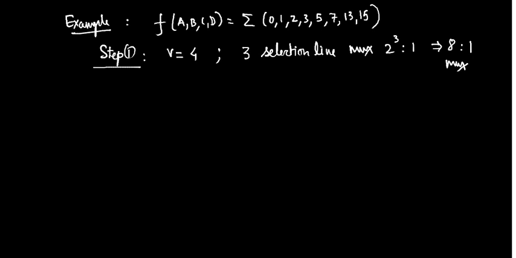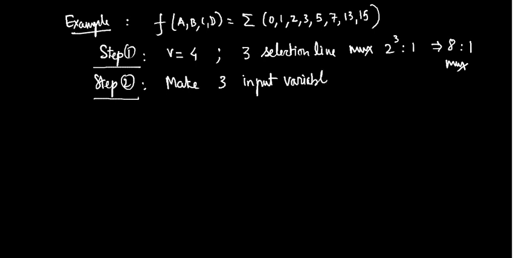Now step 2 is to make 3 out of 4 variables, that will confuse, so make 3 input variables the selection lines.